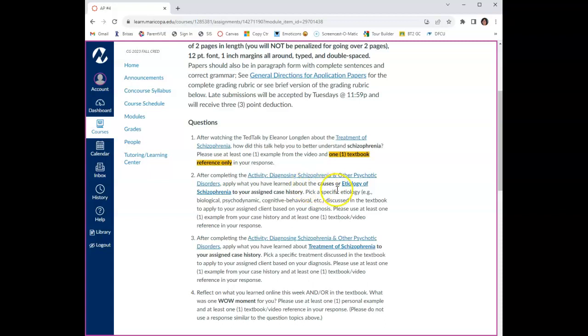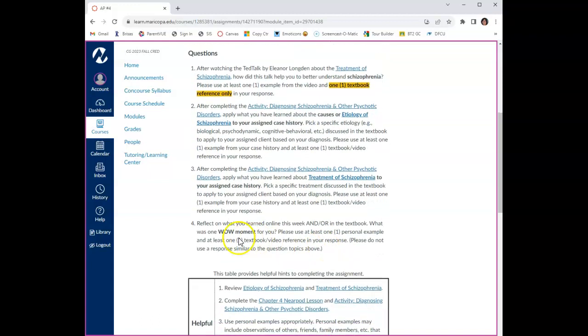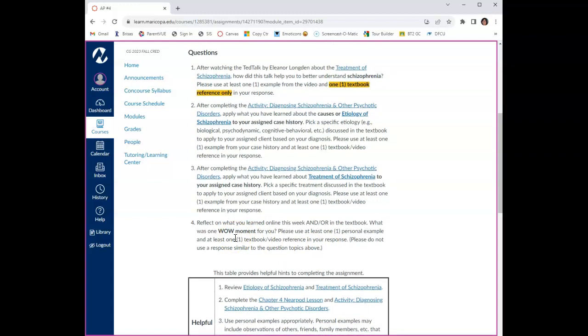Question 2 asks you to pick a specific etiology or cause discussed in the textbook and apply it to your assigned client based on your diagnosis. Question 3 asks you to pick a specific treatment discussed in the textbook and apply it to your assigned client based on your diagnosis. And as always, your fourth question is your wow moment this week.